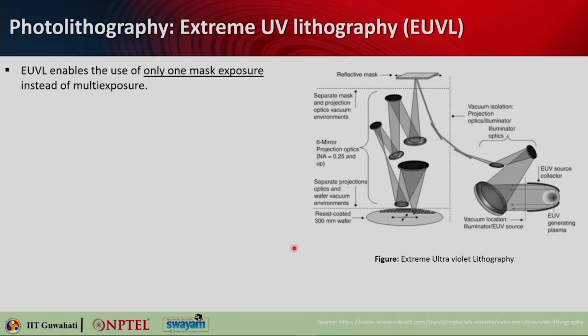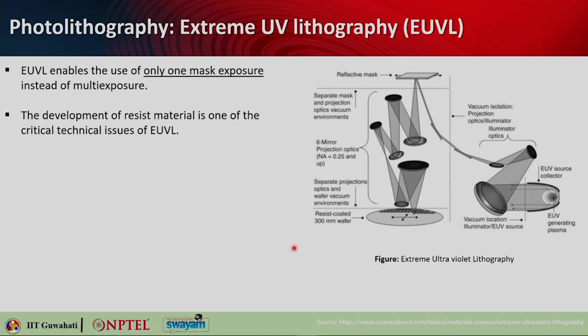This technique uses only one mask exposure instead of multiple exposures, and the development of the resist material is one of the critical technical issues in this case, as we discussed, because there has to be some material which is sensitive to this particular wavelength.